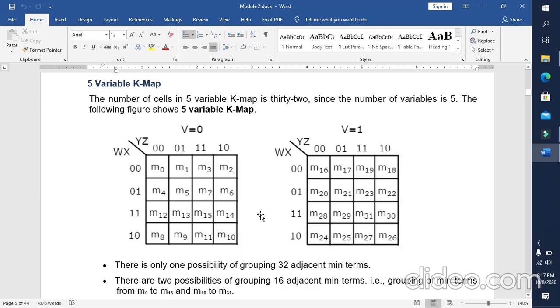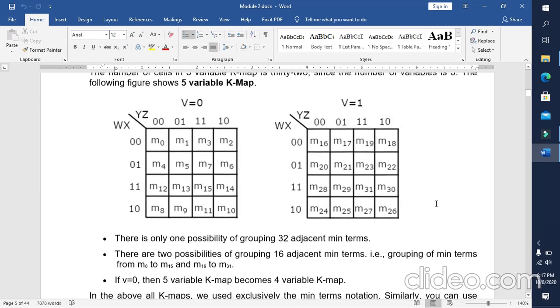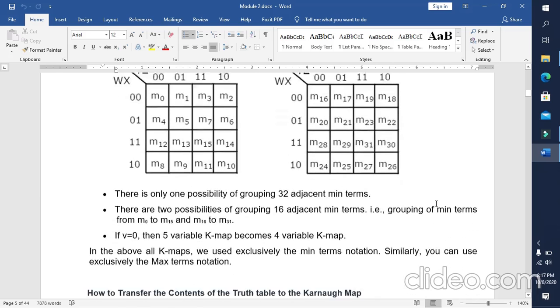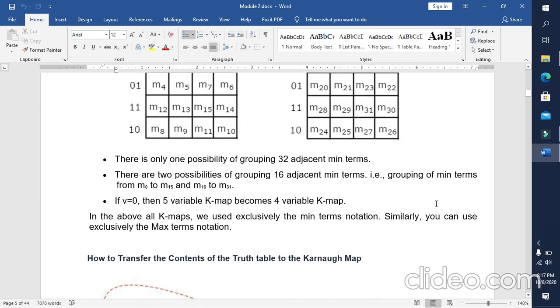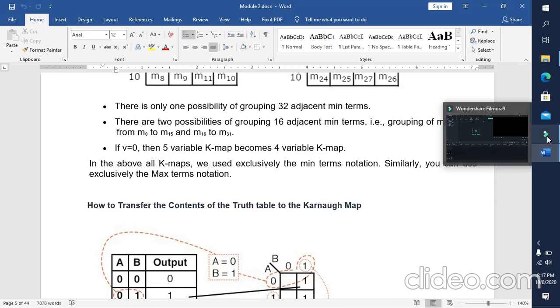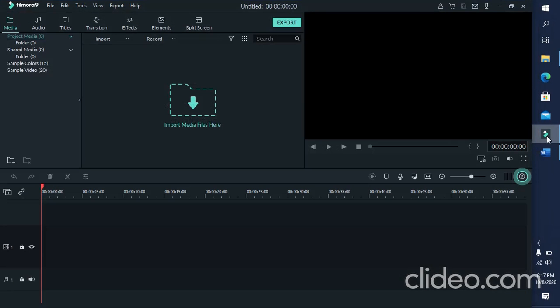So therefore, you combine the two, and you come up with 32 combinations. Okay. So, that is for the 2 to 5 variable K-map.